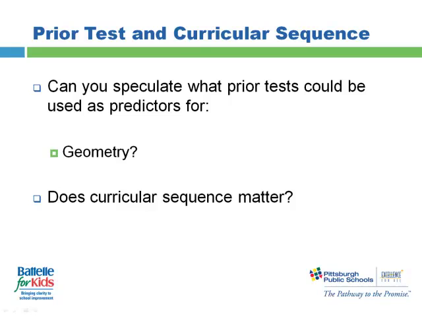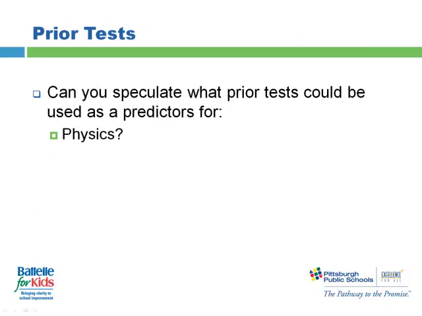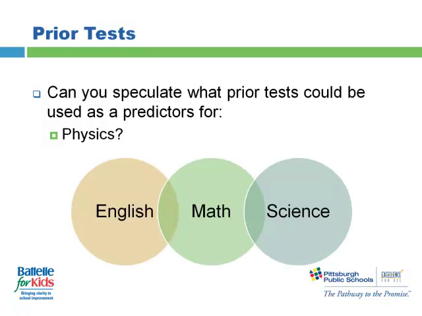The sequence does matter because it may determine what prior tests are available. What might be used as predictors for physics? All three could be predictors, but most likely math and science will have a higher relationship to physics.